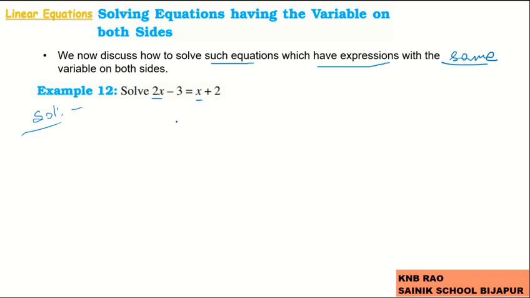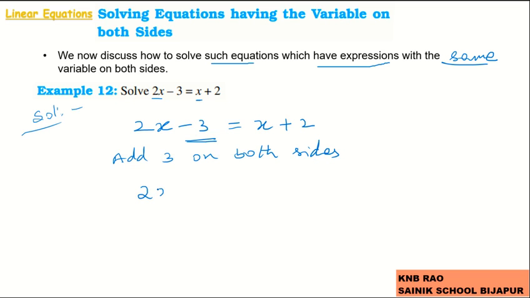How is it the same? Let me explain you. Here 2x minus 3 equal to x plus 2. First I will take away this minus 3, this subtrahend 3. To get rid of this subtrahend 3, I have to add 3 on both sides.